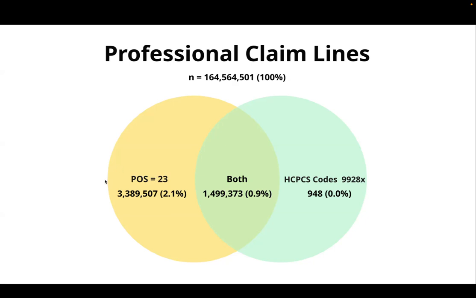The interesting thing here is that, like we saw previously, almost universally every time there's a 9928X, there's also a place of service code 23. But there are also all sorts of other times when the claim line will have a place of service code equal to 23, but some other HCPCS code.